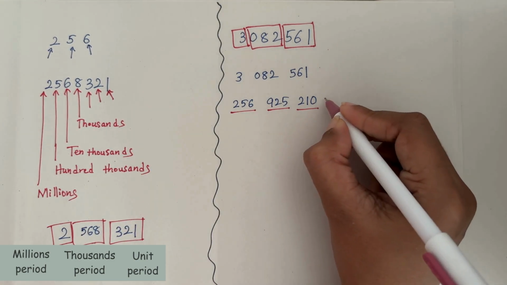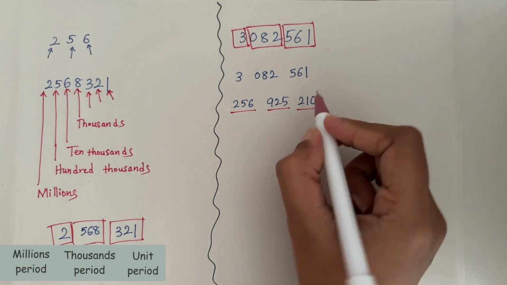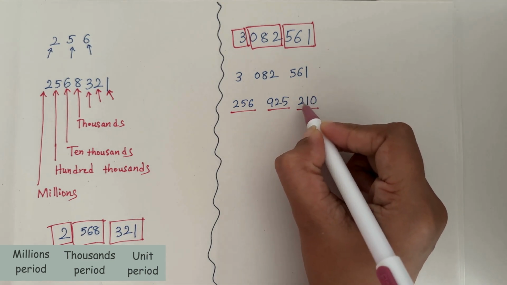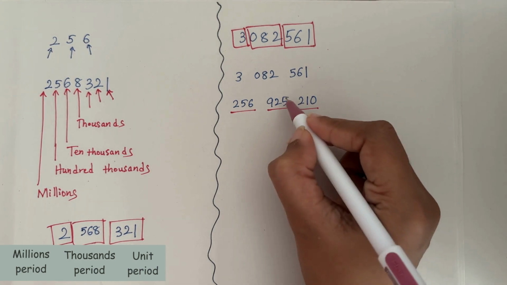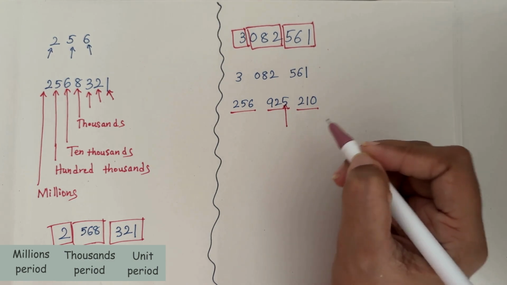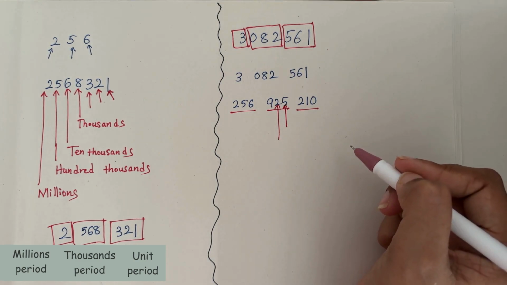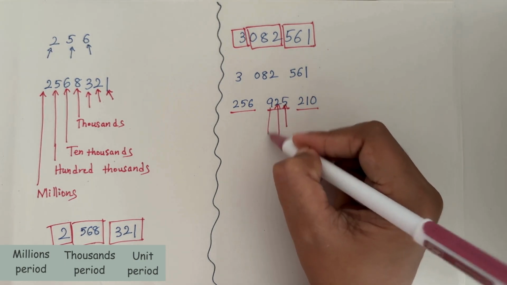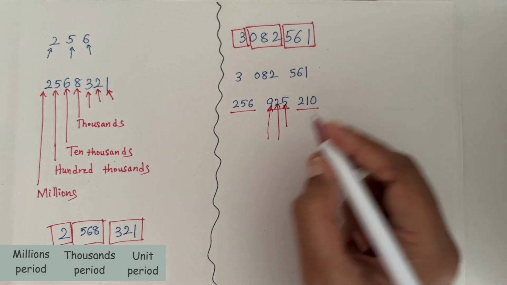So what is the place value of this one? Ones place, tens place, this one, hundreds place, yes, this one, thousands place, this two, 10,000s place, this 9, 100,000s place.